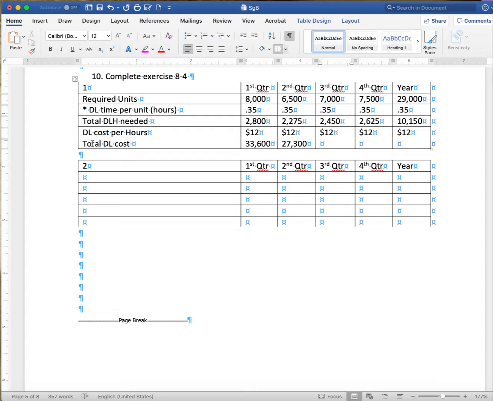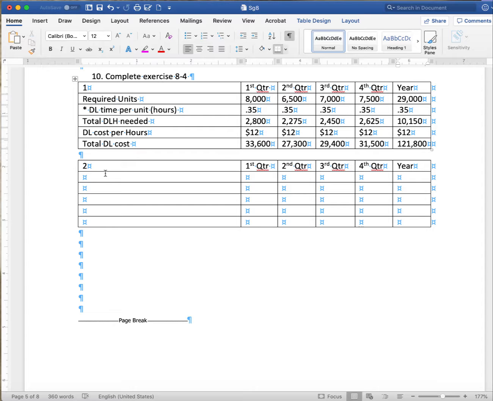And we do the same thing for third quarter, fourth quarter, and for the year. So I'm just going to fill these in. 29,400. For the fourth quarter, it's 31,500. And for the year, our direct labor costs are $121,800. Okay, pretty easy, right?